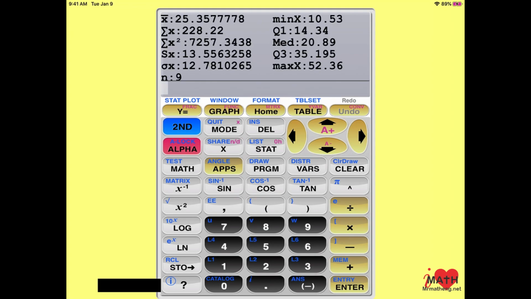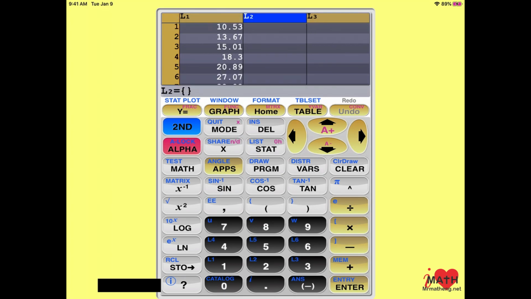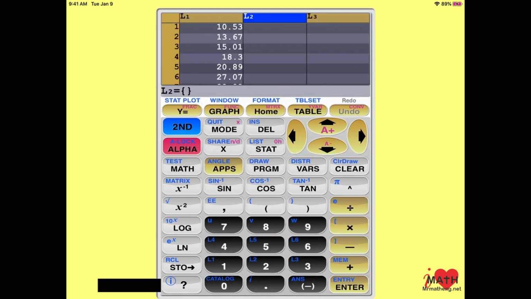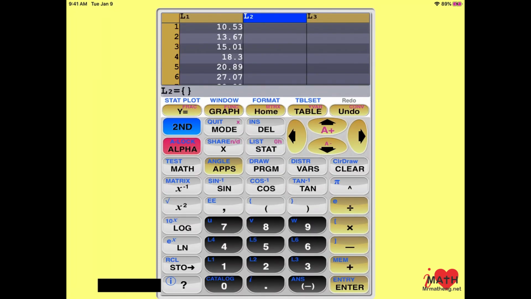Let's go to stat. Edit your list. So you have the numbers in that list. Let's try something. L2. So I'm going to put all this into the calculator, and it can actually calculate a lot of these values for me. So edit list, go down, and no, I want that to be L1, second stat L1, enter.